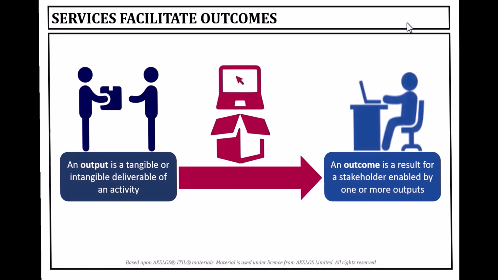The outcome of the service, however, is the preservation of memories and the ability of the couple, family and friends to easily recall those memories by looking at them. So the photograph could be an output. What is the outcome? The preservation of memories over a longer time.